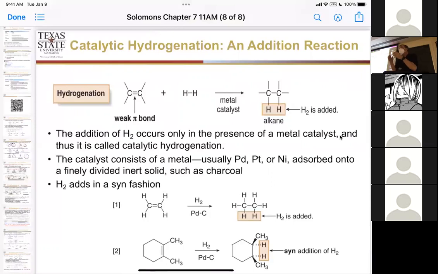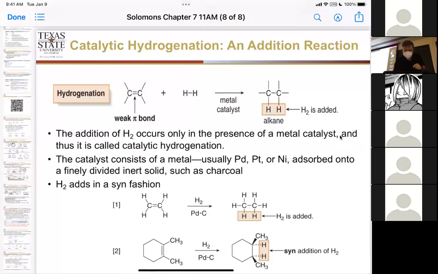That bond's not active enough to add across that alkene. So what we have to do is use a metal catalyst. Our hydrogen adsorbs to the metal catalyst and reacts with it. Now we have a metal-hydrogen bond, which is a very reactive bond. And now when our alkene comes down and sits on top of it, it can transfer 2 hydrogens to that system.